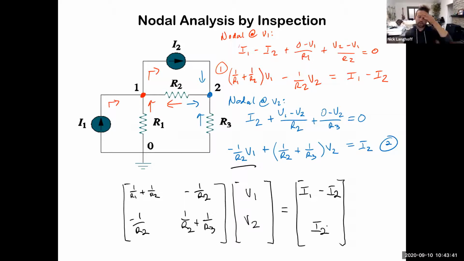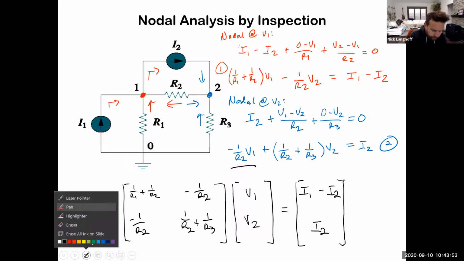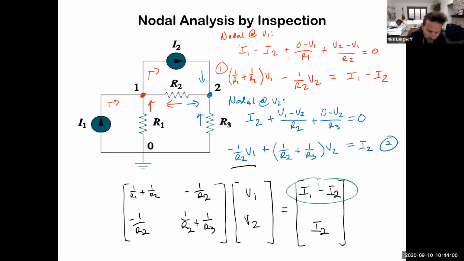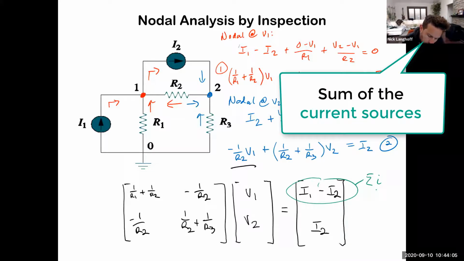And we notice that that is the only current source entering node 2. Huh. I'm seeing a bit of a pattern here. This looks like the sum of the currents into the node, right? I1 is going in, I2 is going out. That's interesting.